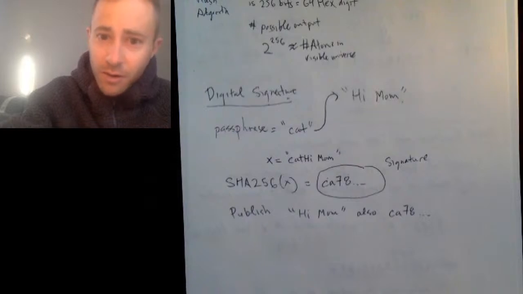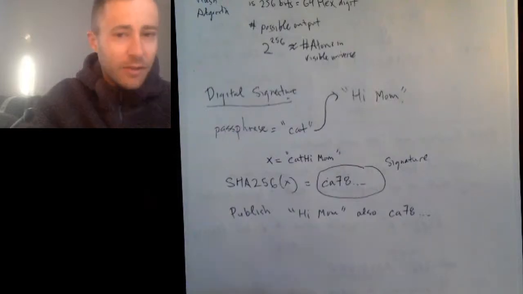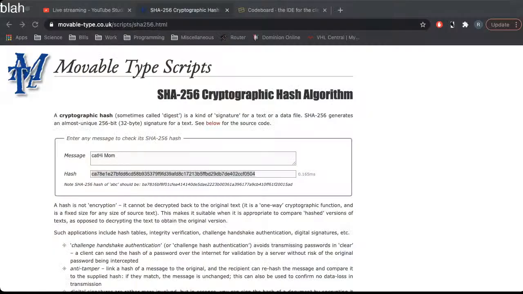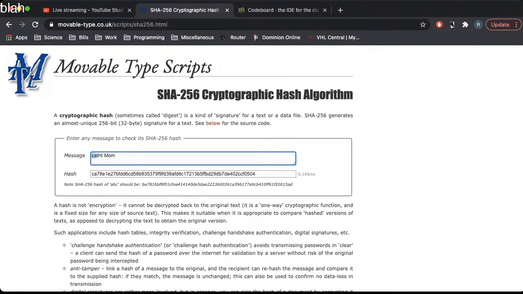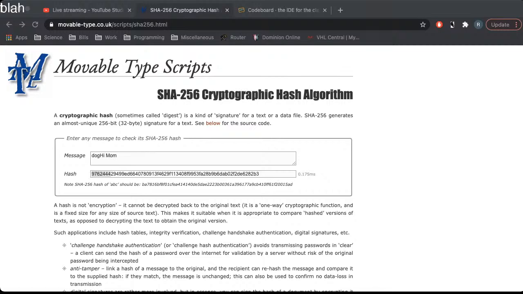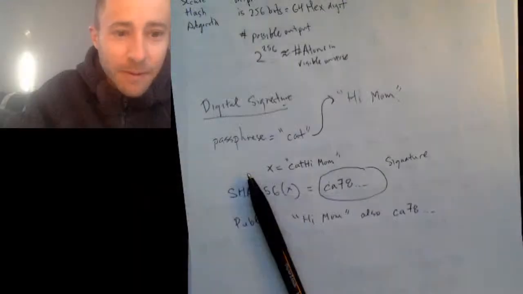So then I'll be like, all right, I'm going to check. Is dog really the passphrase? And then what I would do is I would go to here and I would try out dog hi mom. And I would see what is the hash. And I can see that the hash doesn't even start out with CA78. So I can say, you don't know the passphrase, so therefore you must not have written this document.